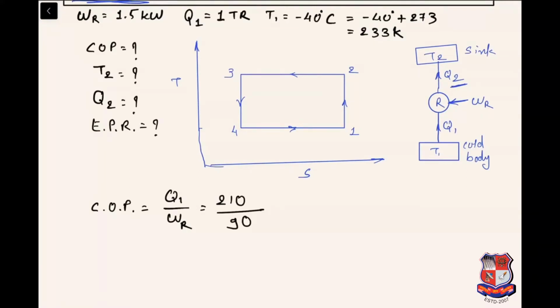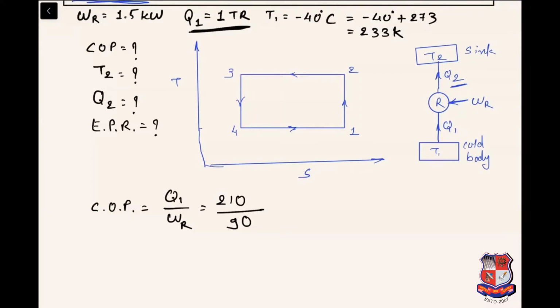Why 210 only? Because Q1 is 1 TR and 1 TR is equal to 210 kilojoule per minute.